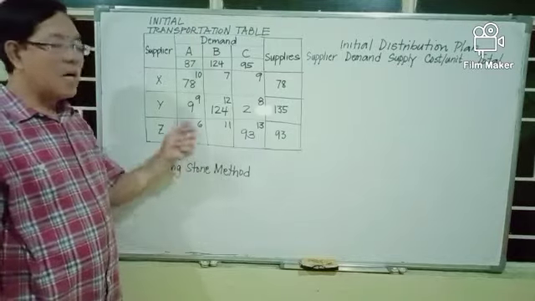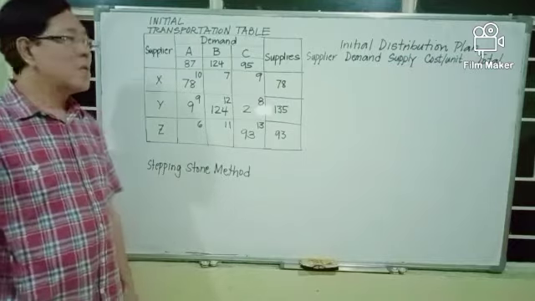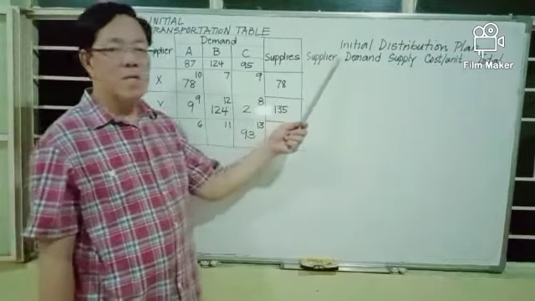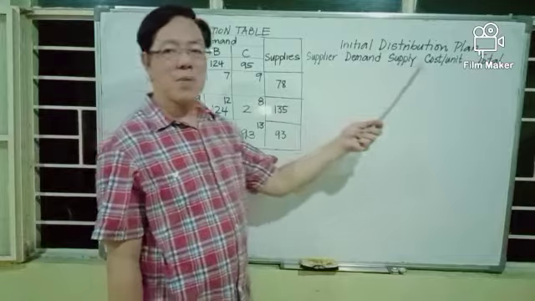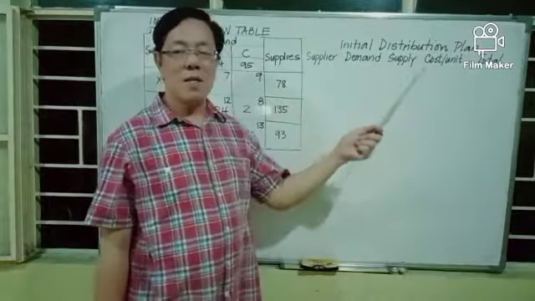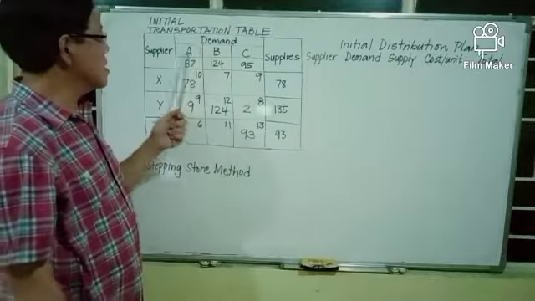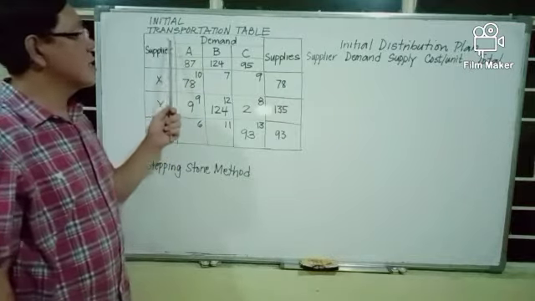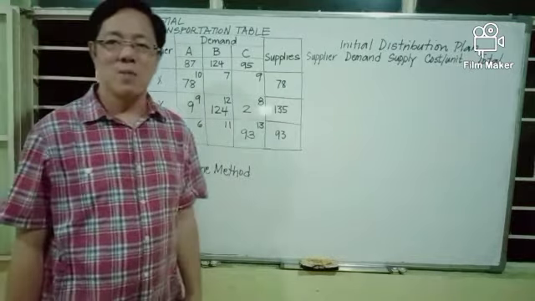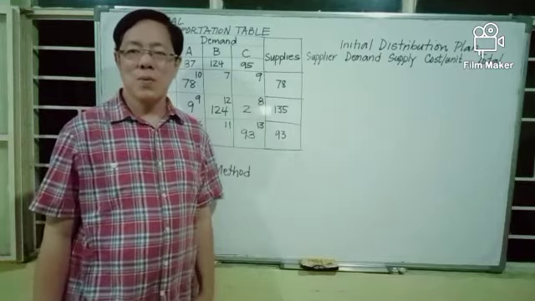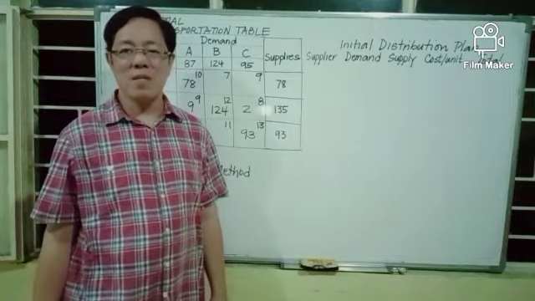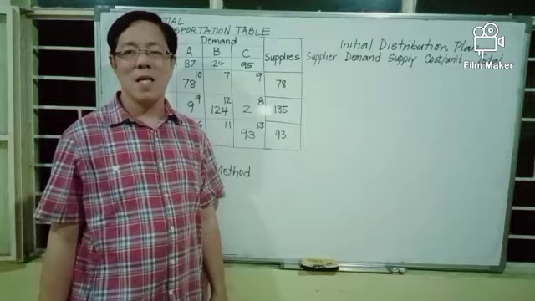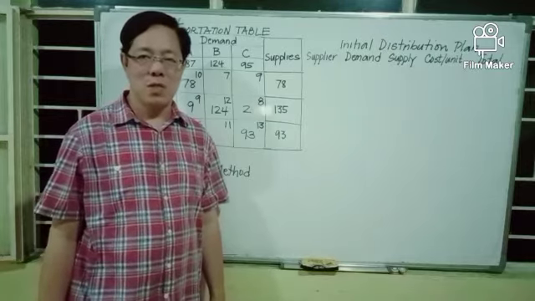And after you have done the initial distribution, we now develop what is known as the initial distribution plan. This is the distribution plan corresponding to the initial distribution table, the initial transportation table. Similar to the simplex method, for each simplex tableau, there is a corresponding solution.